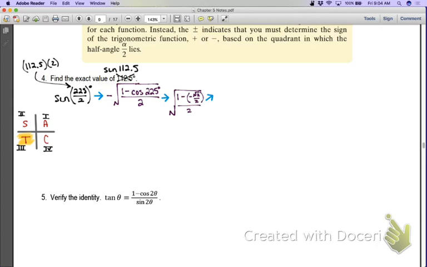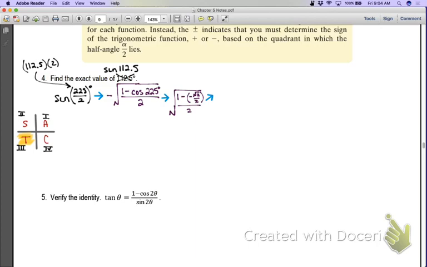Now, your next step is really up to you as far as how you want to write this. If you're going to combine everything on top, what do you need in terms of the common denominator? I'm going to do two things at once here.